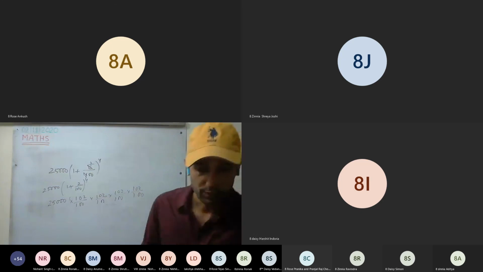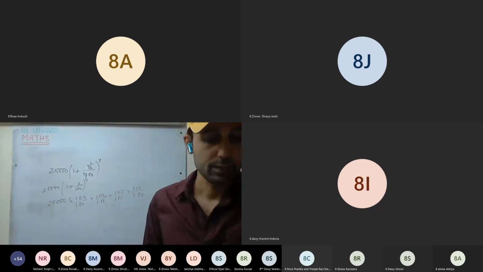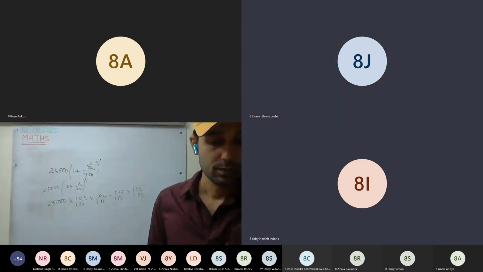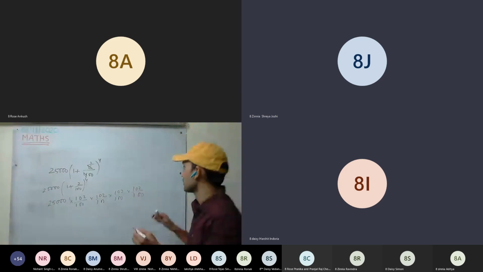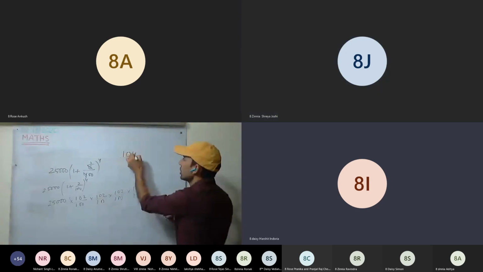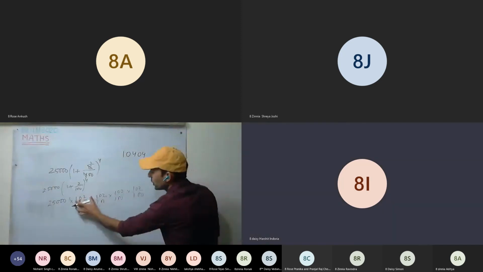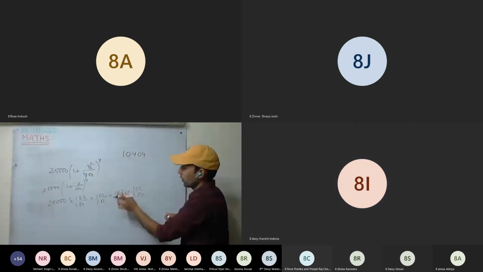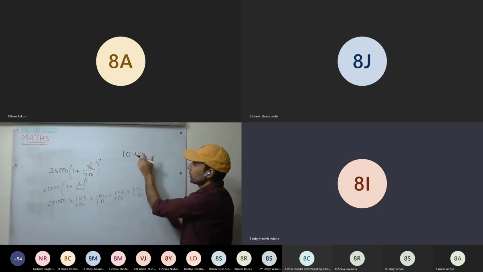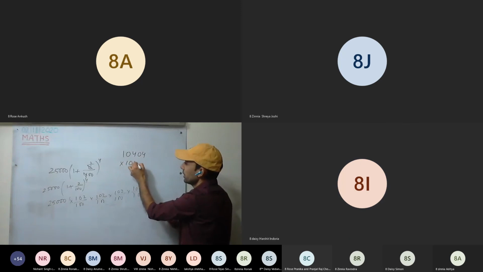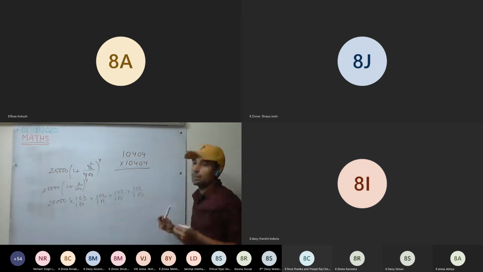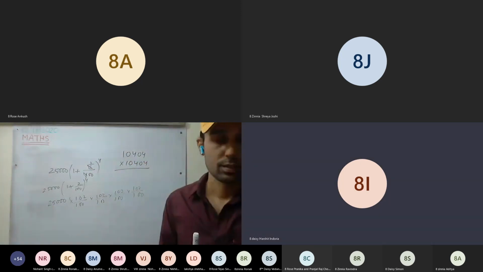So 102 into 102, how much you are getting? 10404. This will be getting, so 102 into 102, 10404. Multiply it once again. 10824316.